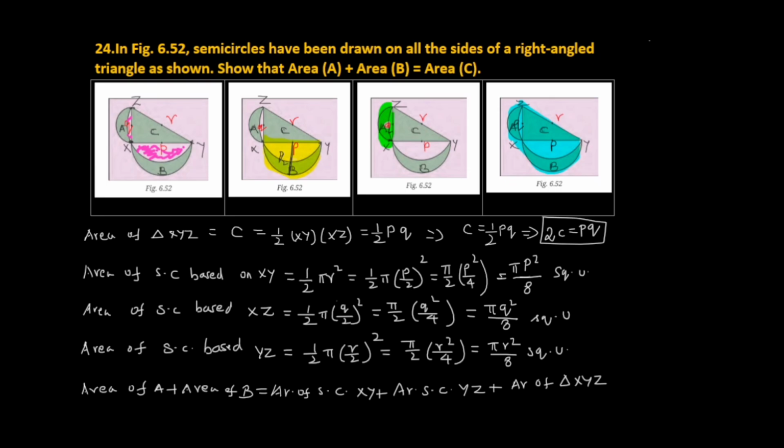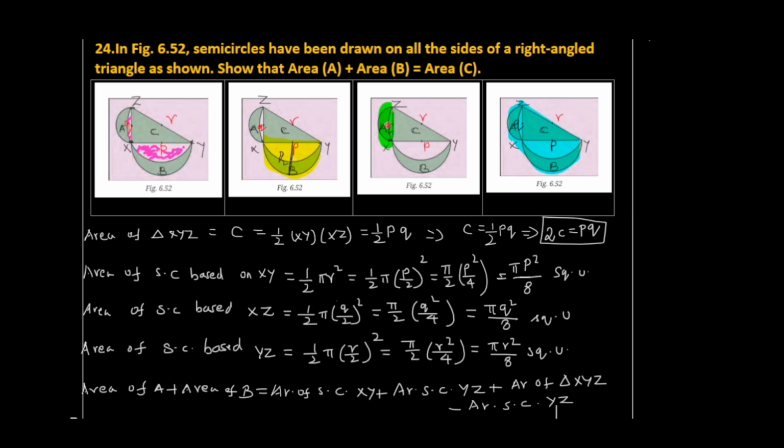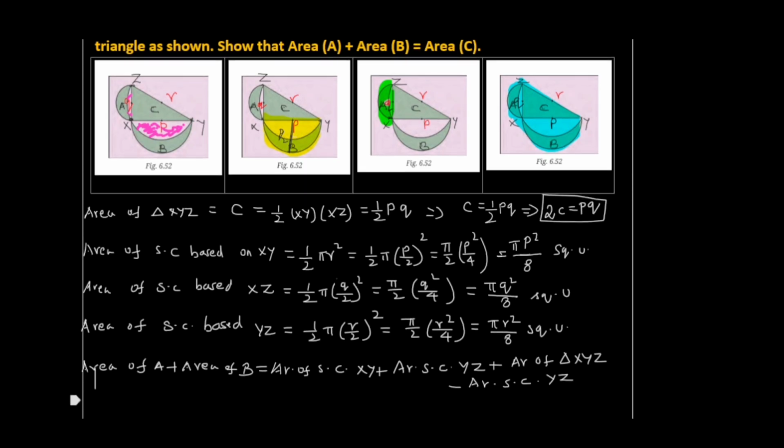When we are adding everything, we need to remove the enclosed one, that is minus area of semicircle based on the side YZ. So when we are subtracting this, we will be getting only the area of the shaded region A and B.